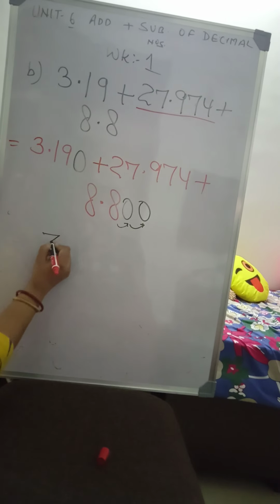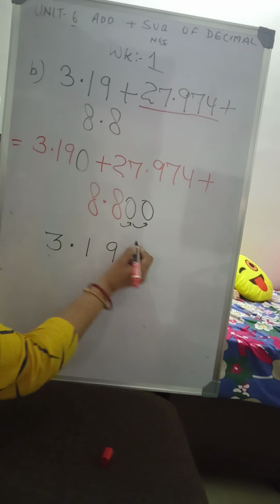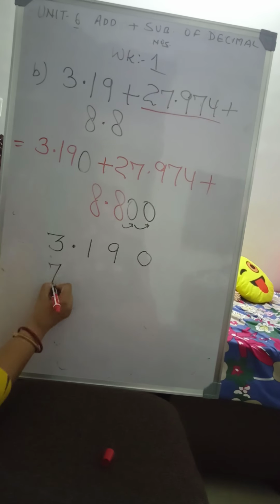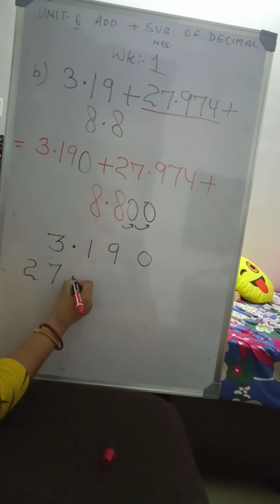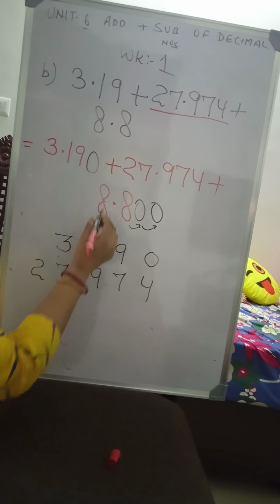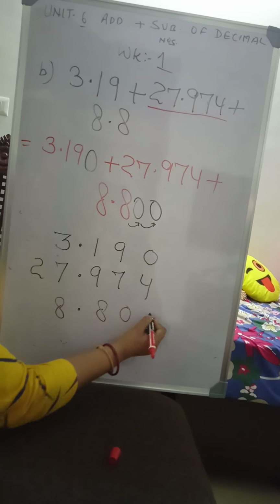So firstly write down 3.190. Now below this write down 27.974. Now just below it is 8.800.